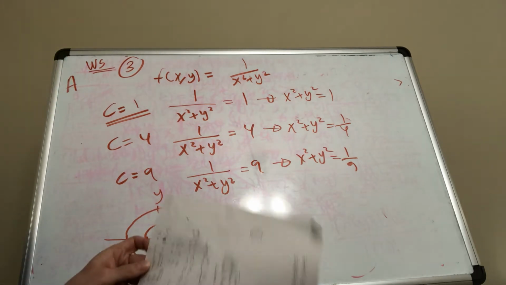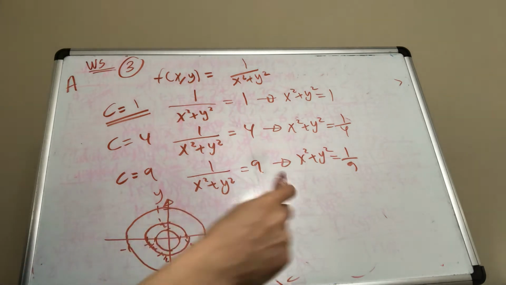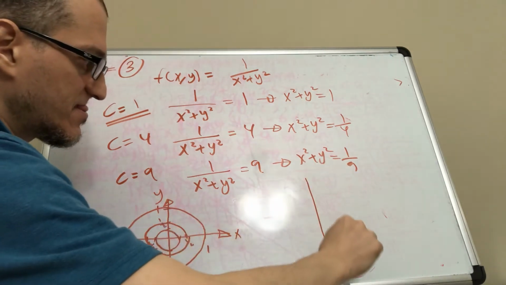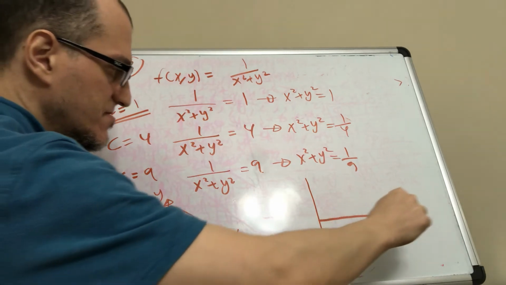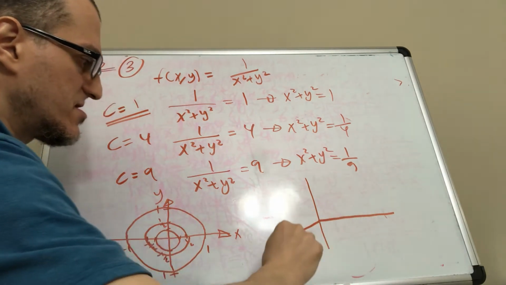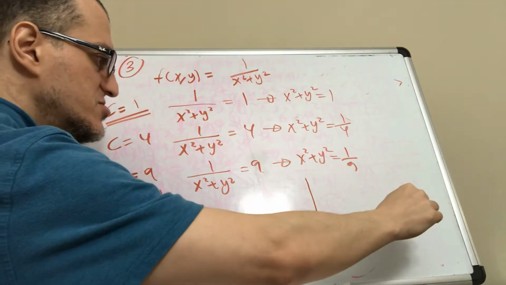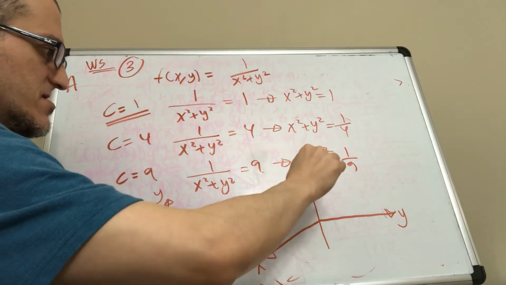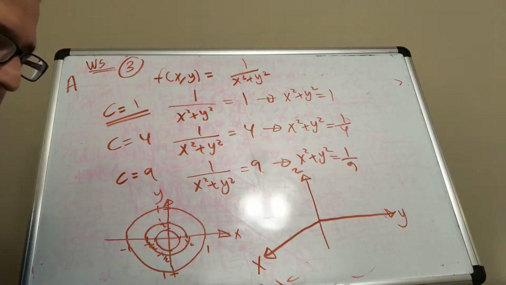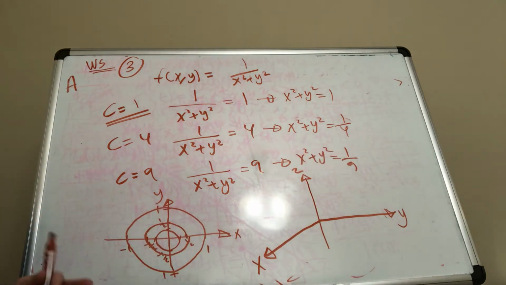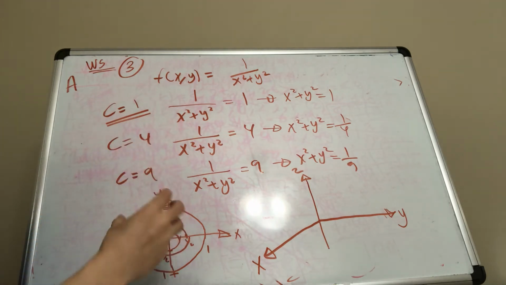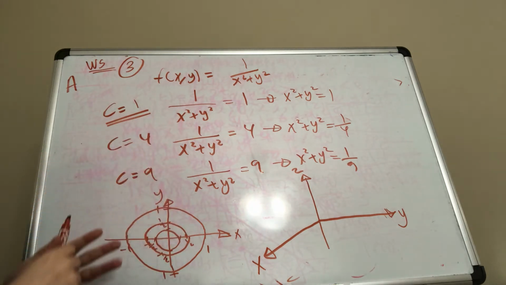Now, if you want to do it in 3D, to know what the surface is going to look like, this is usually y, x, and z. Imagine looking at it from the top. Basically, if you look at it from the top, it would look like a cone.